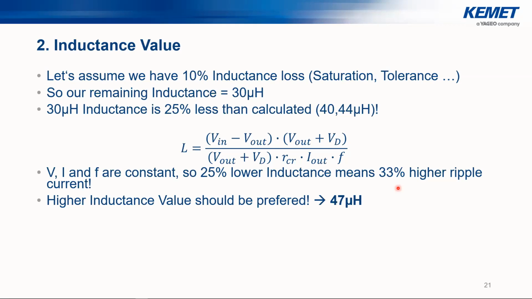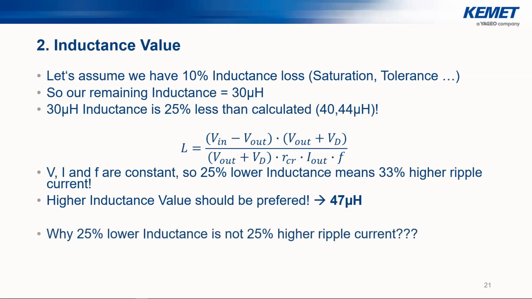So for those of you who are wondering how I calculated a 33% higher ripple current when you have a 25% lower inductance, there's a simple calculation and I don't want to make it too long. 25% lower means the remaining inductance is 75%. These are 3 quarters.